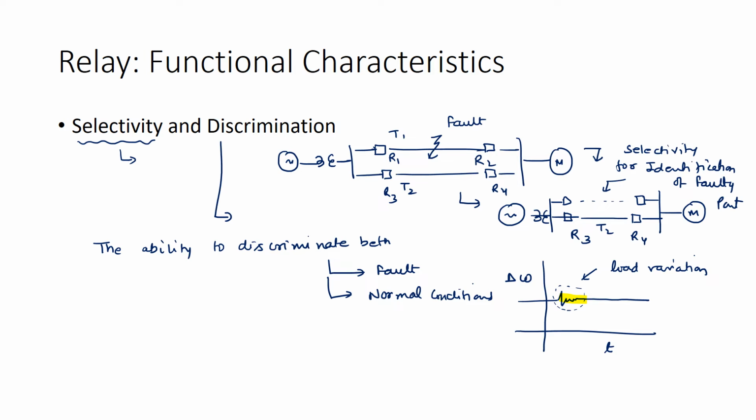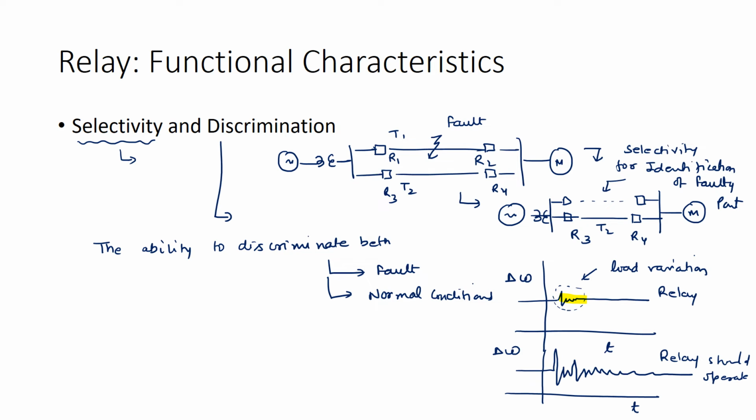If I take another example, where there is a fault in the system, the value of omega behaves like this, and this is a small signal disturbance which is occurring. Here the relay should operate, and in this case, for small load variations, the relay should not operate.